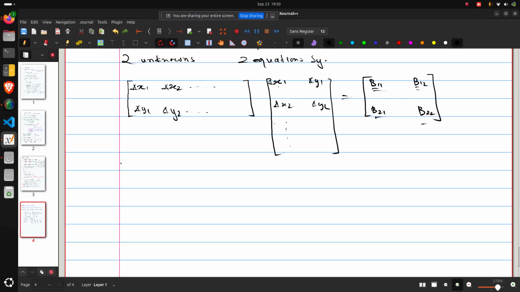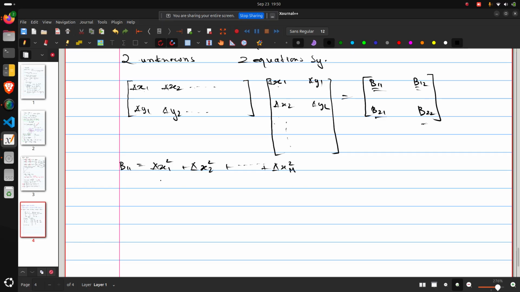So what will the B11 term be? This will be nothing but the inner product of this vector x1, x2, x3 with the same thing, right? So B11 will be delta x1 squared plus delta x2 squared plus and so on, plus delta xm squared, right?